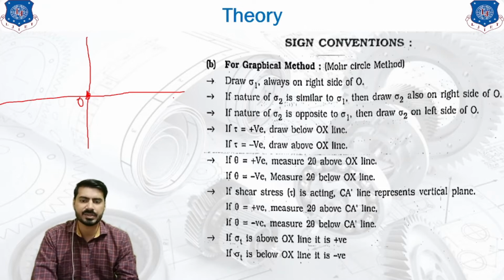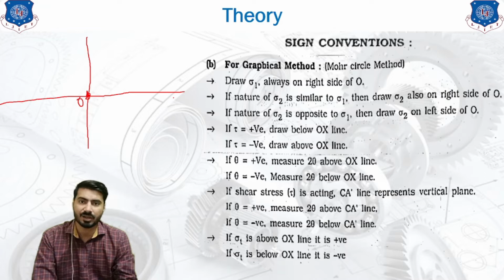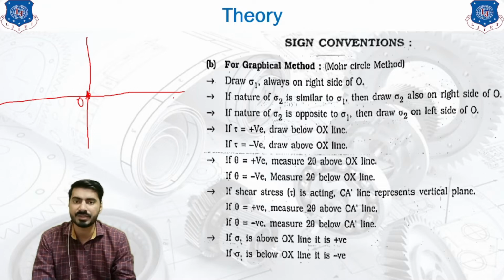Next sign convention is for tau. We have seen in the previous chapter which type of shear stress is considered positive and which type is considered negative. If you have not seen those videos, I would recommend you to see them so that you can understand which one is positive and negative.